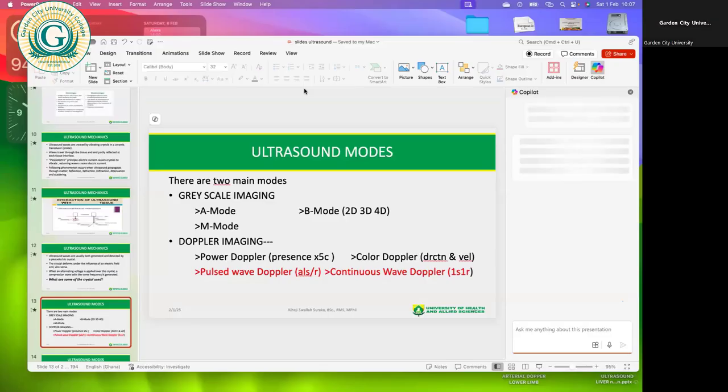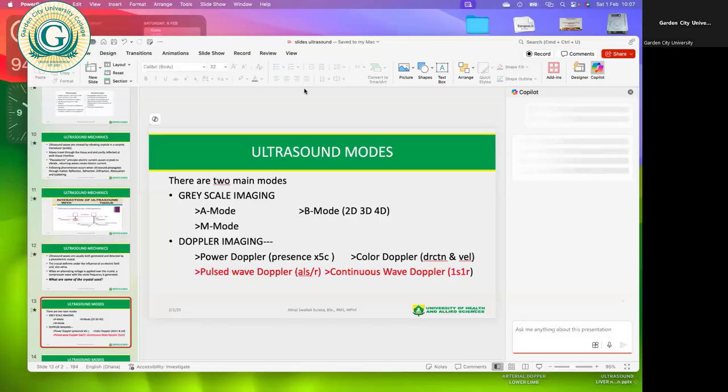Because that particular 3D image reconstructs the entire fetus in 3 different dimensions: the X plane, the Y plane, and then the Z plane. That is what we term them mathematically or in physics. The X plane and the Y plane are what is used in 2D. Whereas when you add the Z plane, you are in 3D.